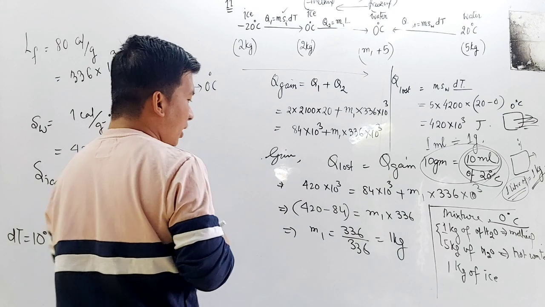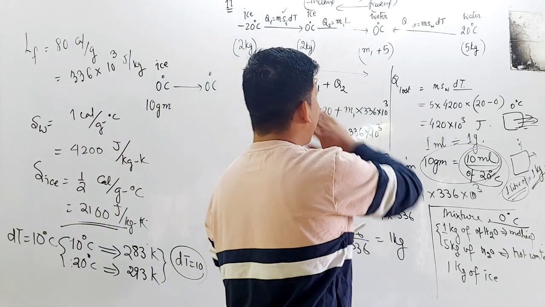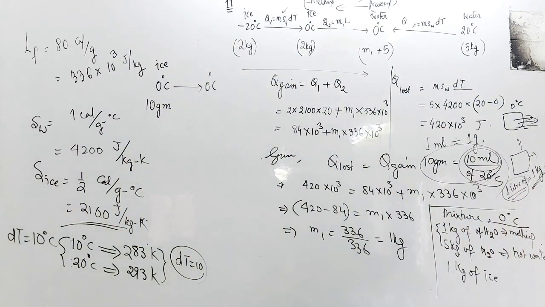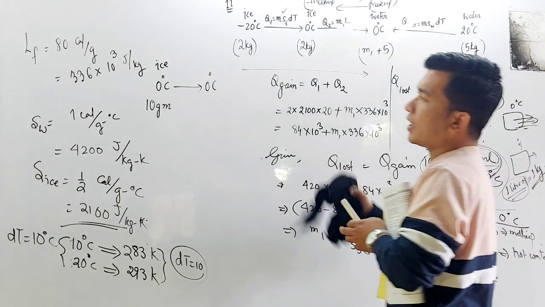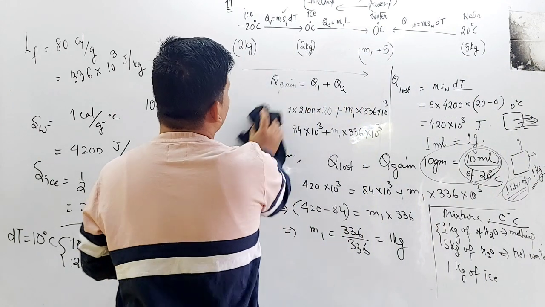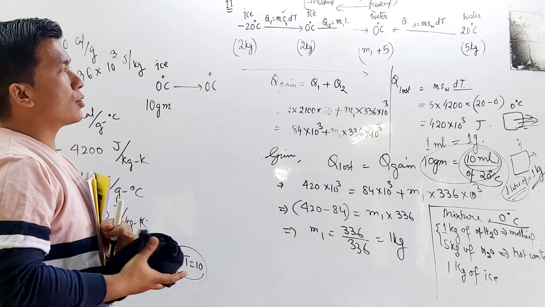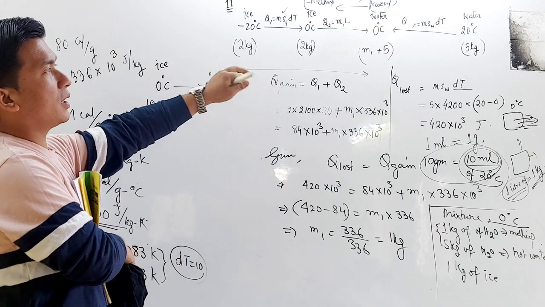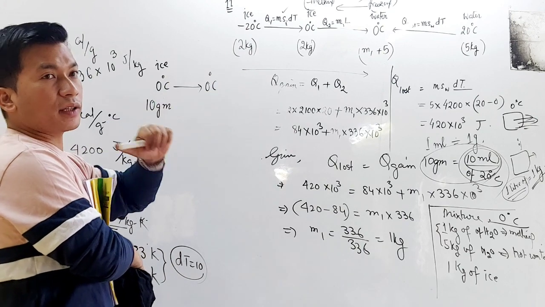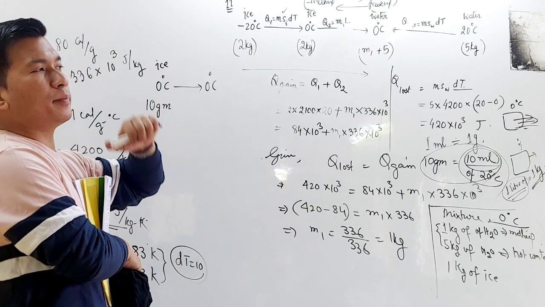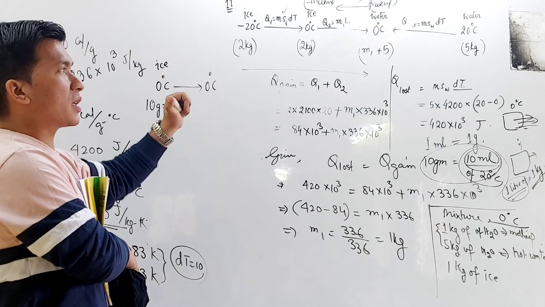You must try this at your home. The answer is still 0 degree, but the same question can be used for finding out the amount of melting, how much of ice is melted and how much of water is there.